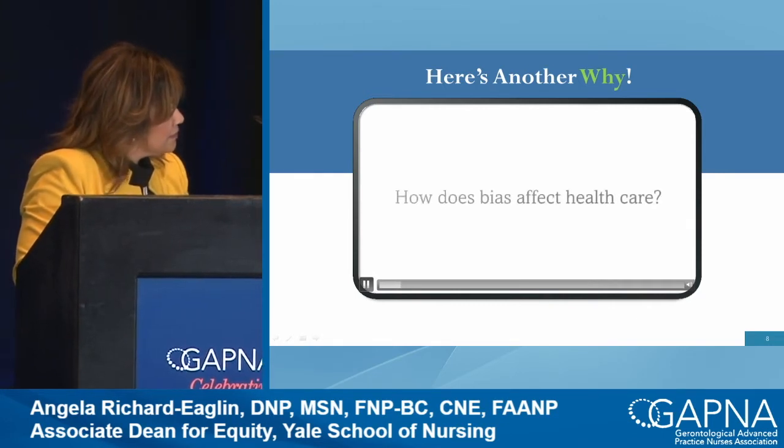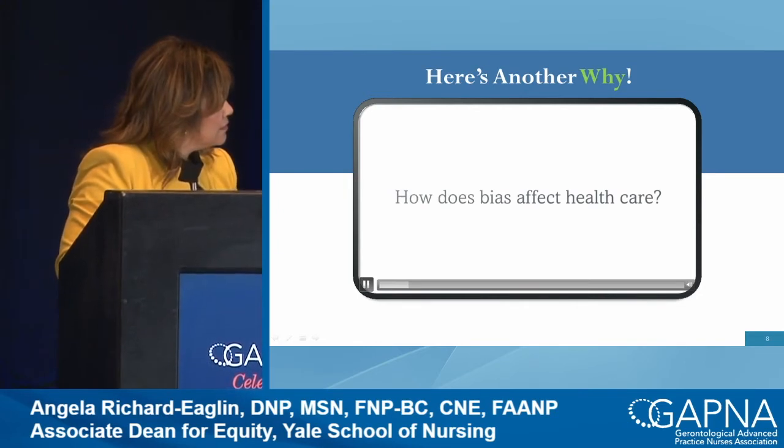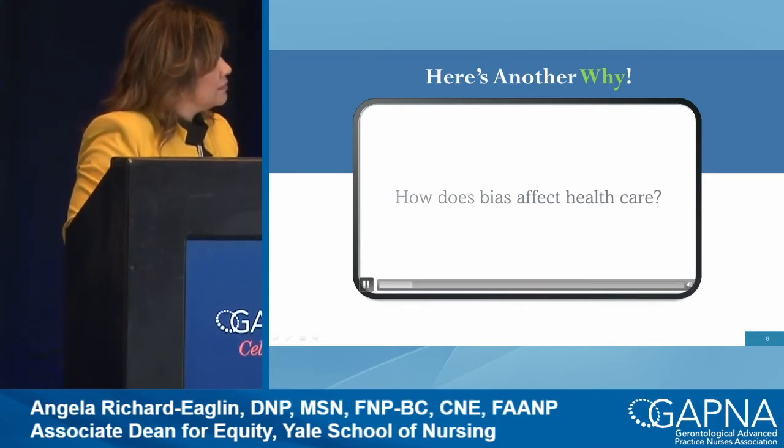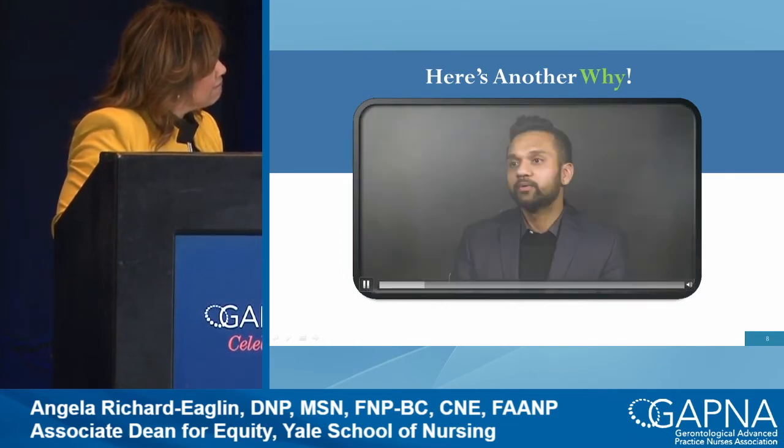So in healthcare, bias comes in various forms. And I would say there's 3 primary ways that we could actually track bias. One, of course, is in interpersonal interactions, let's say between a patient and a provider.